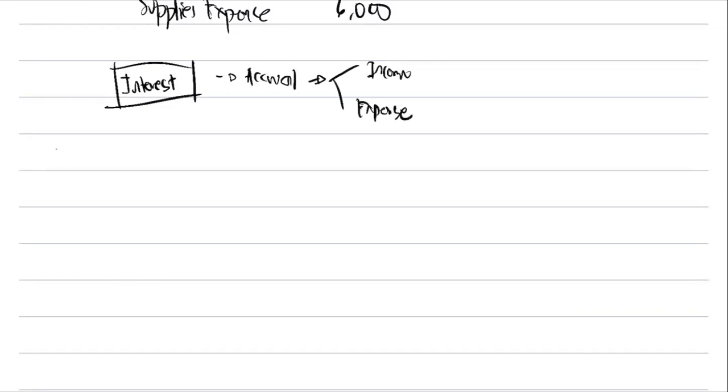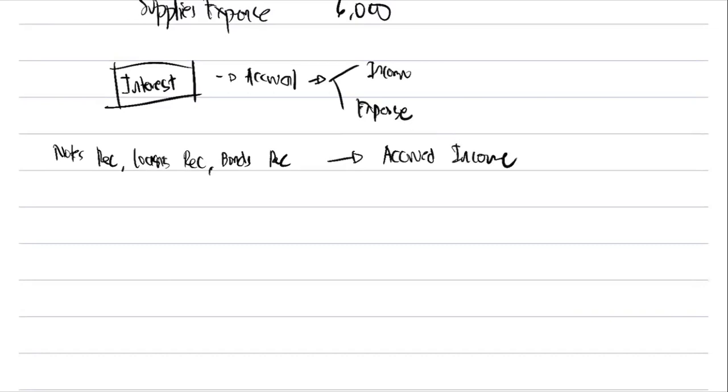Okay. So if you have a notes receivable, loans receivable, bonds receivable, generally, you will have an accrued income.